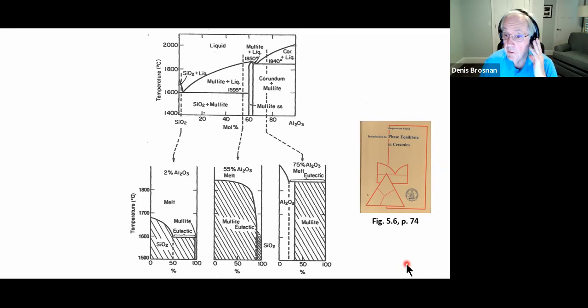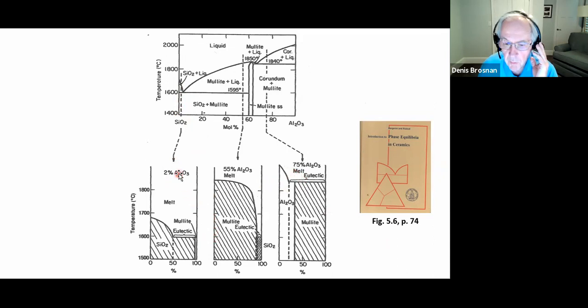I also gave you a link on a website accessible through the Ceramic Society that talks about phase diagrams. But this diagram in Bergeron and Risbud tracks what happens at different compositions: 2% alumina, 55% alumina, and 75% alumina.